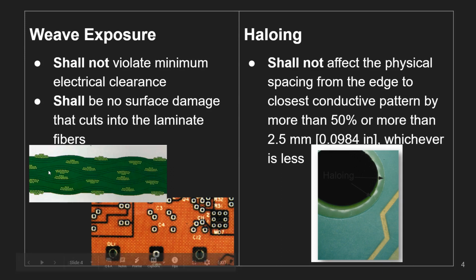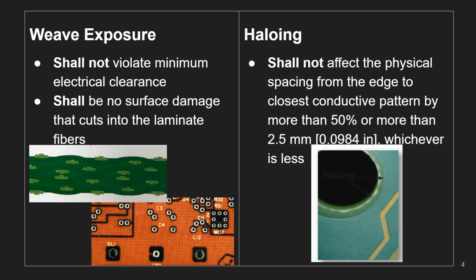So now this slide talks about the weave exposure and haloing. Now what is weave exposure? Weave exposure is basically a surface condition of base material in which the broken fibers of woven glass cloth are not completely covered by resin.